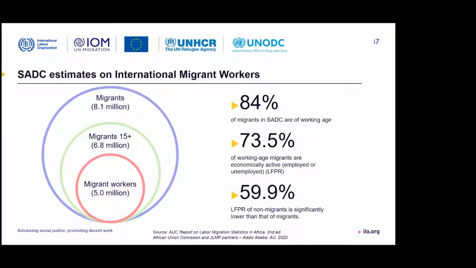But here again, you see that 73.5% of working age migrants are economically active, which is a lot more than the 60% of non-migrants who are economically active, which again suggests that migrants are more strongly involved in the labor market than non-migrants are, which is not to say that they're more productive necessarily, just that they are there more for the purpose of being economically active.